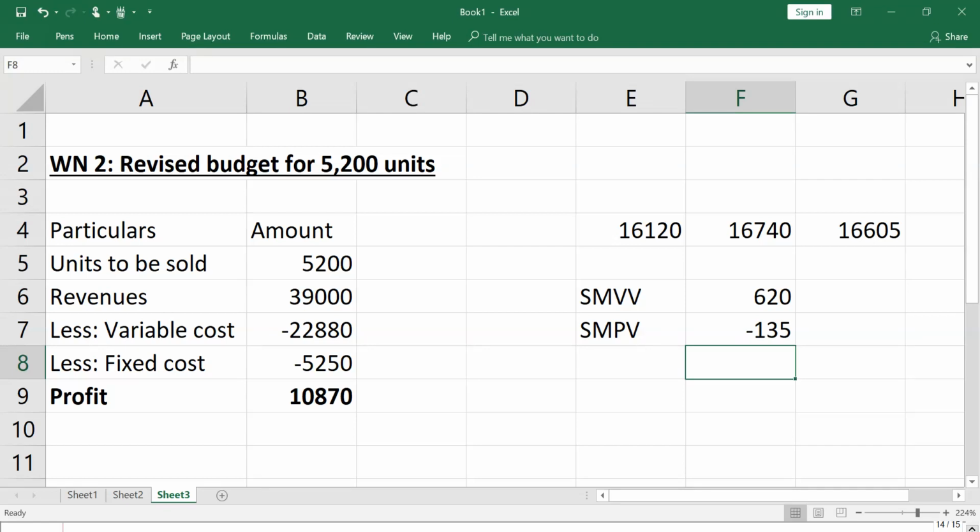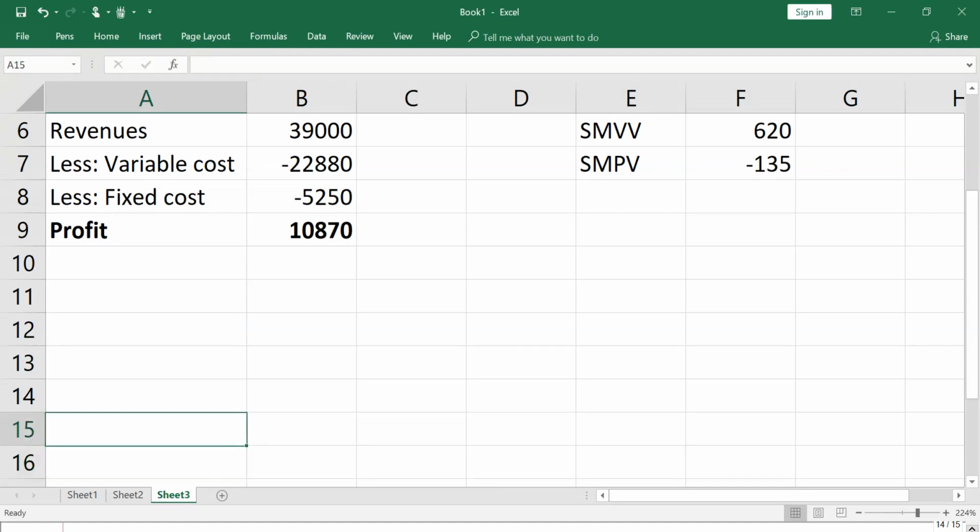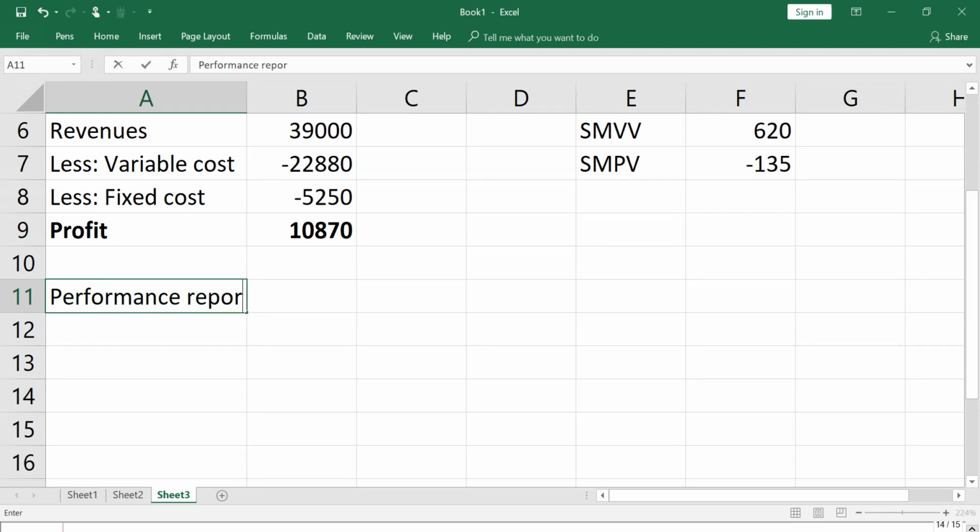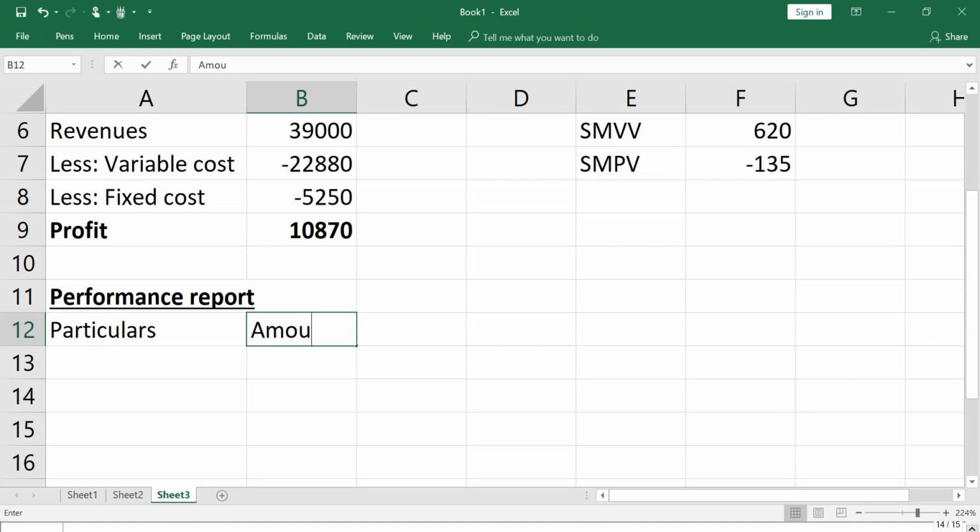Any doubts on this? Clear? Any doubts on the 620 and 135? Next, performance report. I'll take you through the entire one. Performance report is nothing but we are doing a reconciliation.